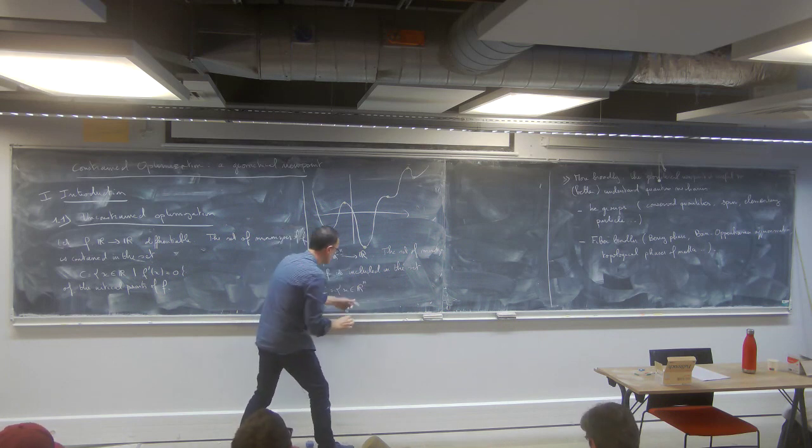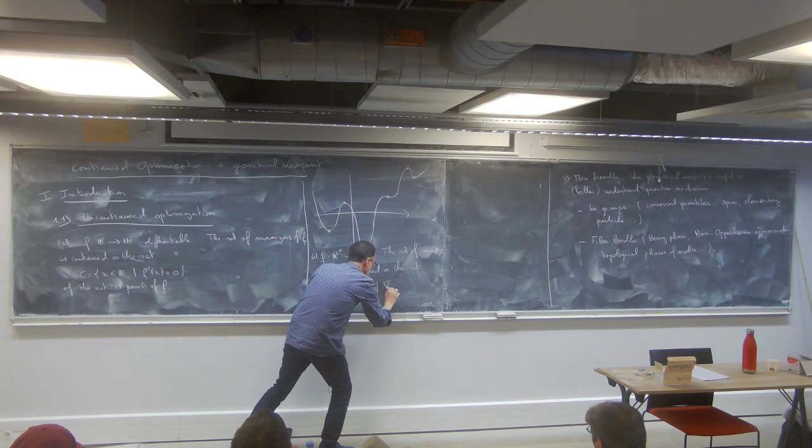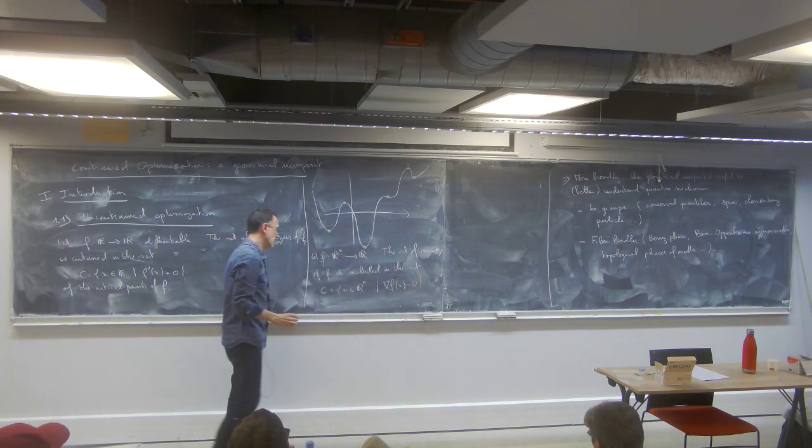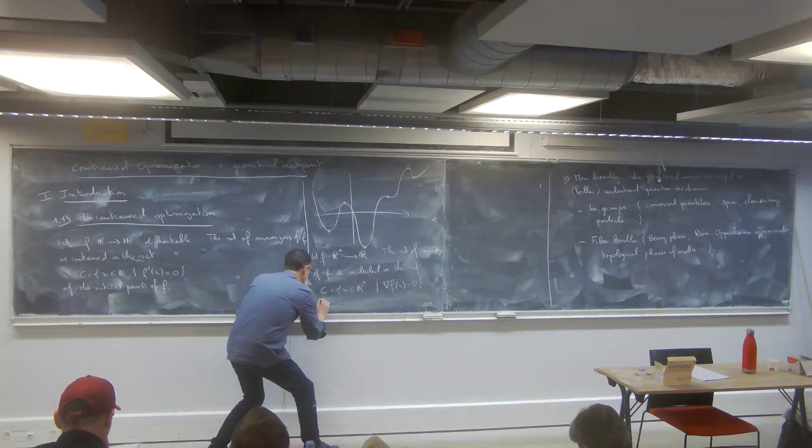So the set of x in Rn such that the gradient of f at x is equal to 0.